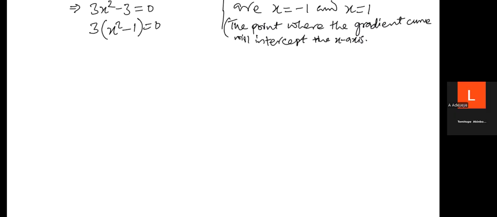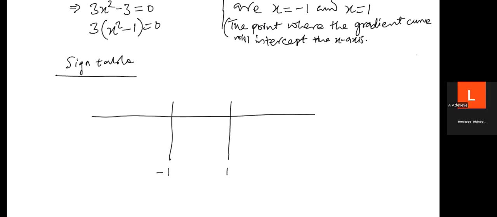So we are using a sign table now. As the name implies, we are only interested in the sign. So I want to put in the critical numbers -1, 1. You always arrange it in ascending order like that, from left to right.